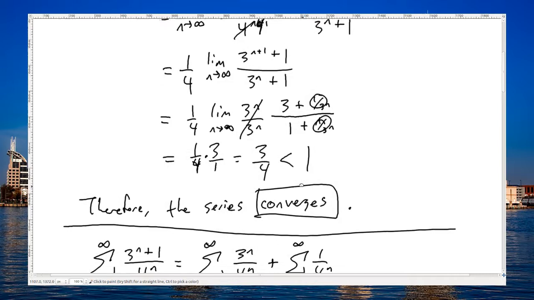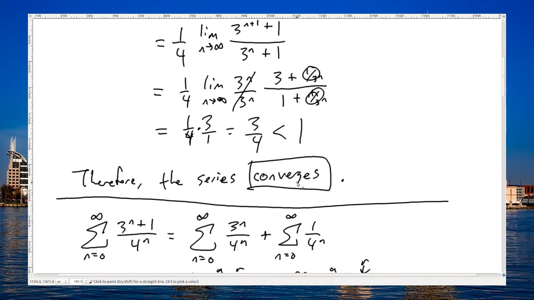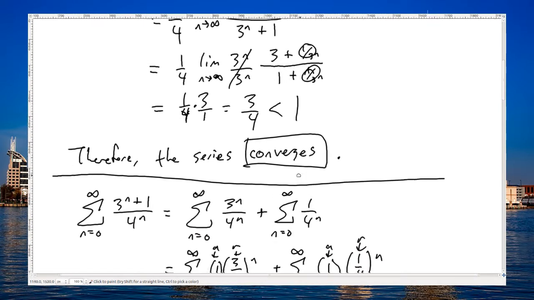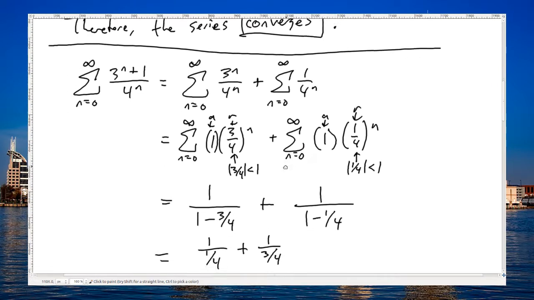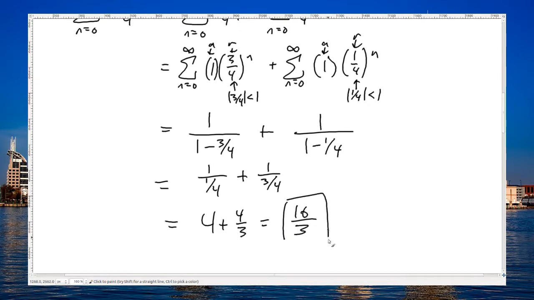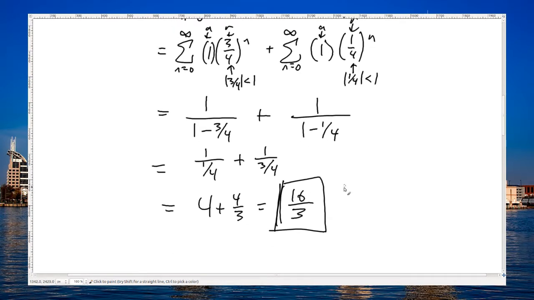So they're getting 3/4 smaller each time. That means that they're getting small enough, fast enough that the series will end up converging. But we'll have to use alternate techniques to show that we get a convergent sequence. Not only that it converges, but it converges to a specific value of 16/3.